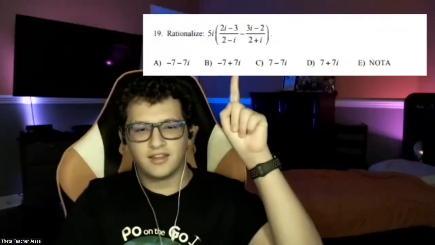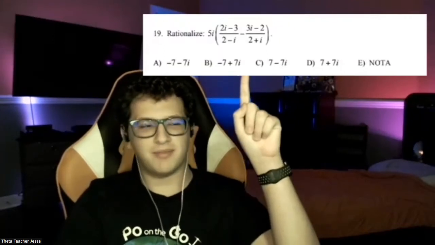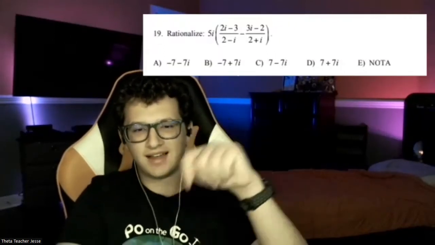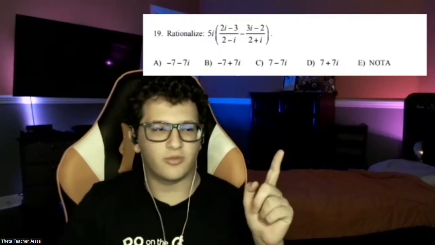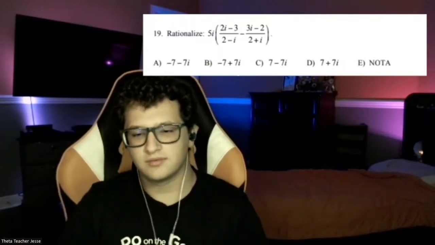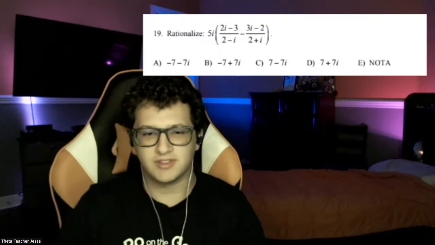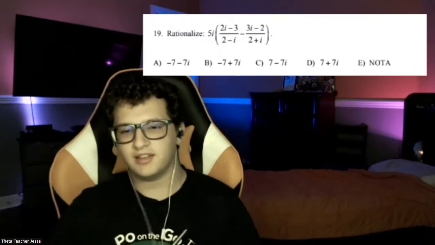All right, 5i times (2i minus 3 over 2 minus i) minus (3i minus 2 over 2 plus i). I'll give you guys a minute to do it, because this one's kind of a lot, and let me know what you got.